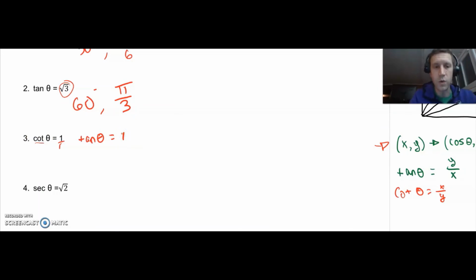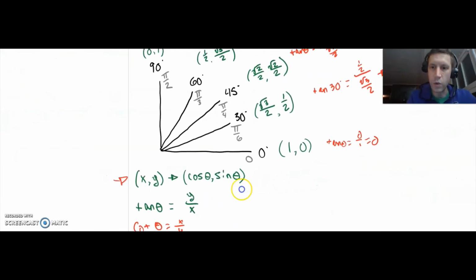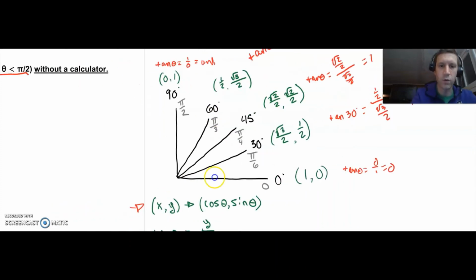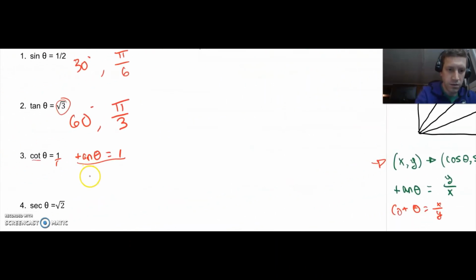Oh, that's also 1 actually. Okay, so now I'm going to think about tangent equaling 1. It's going to be the same angle as if I thought of cotangent equaling 1. So we already did this work. We know that when the x and y are the same, that's when I get a ratio of 1. So that's going to be 45 degrees or pi over 4. Okay.